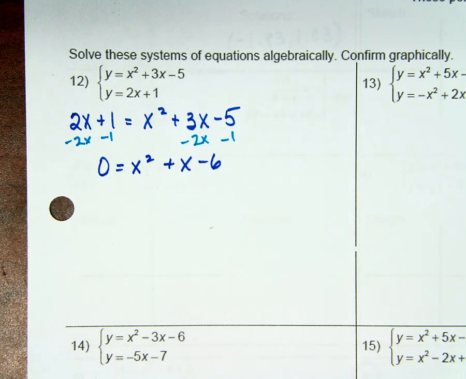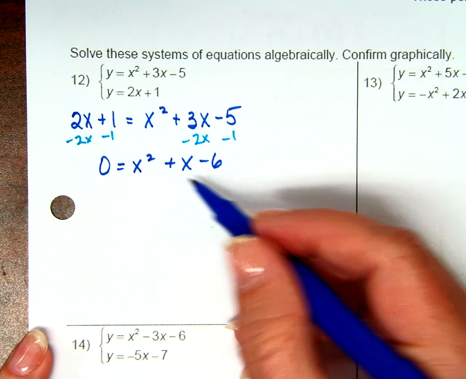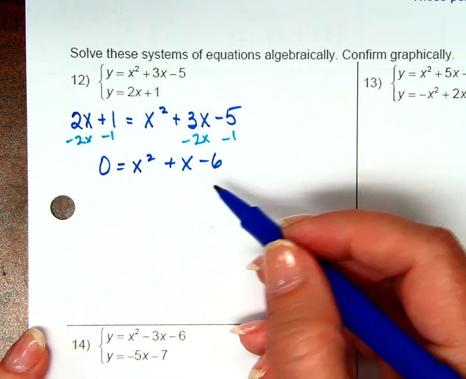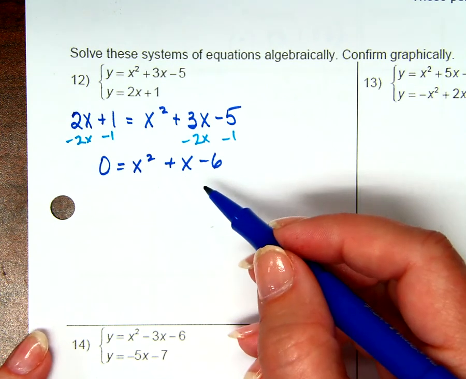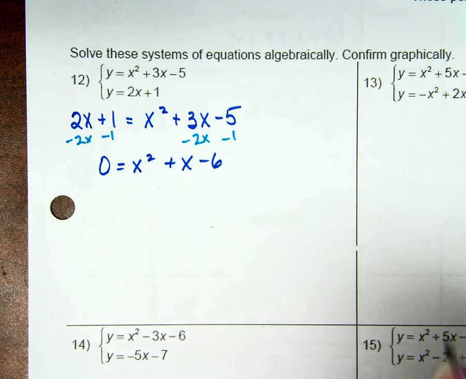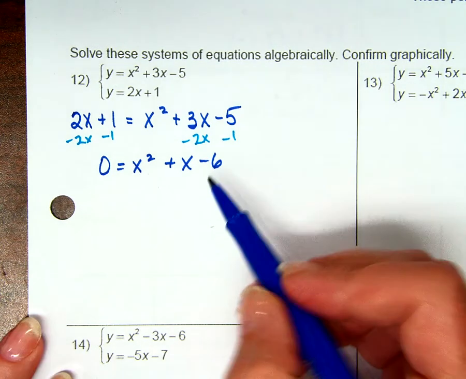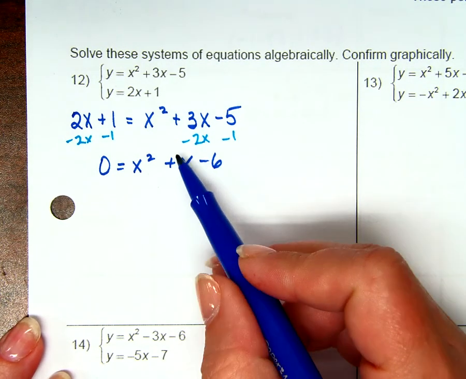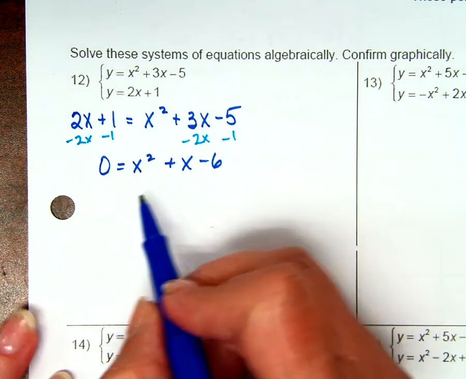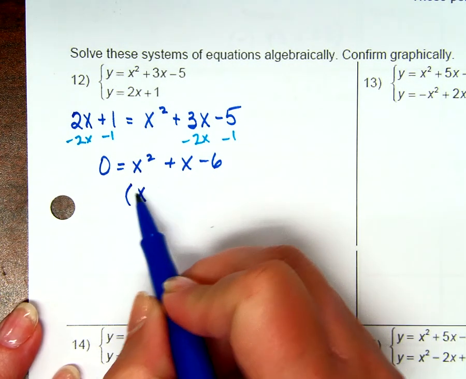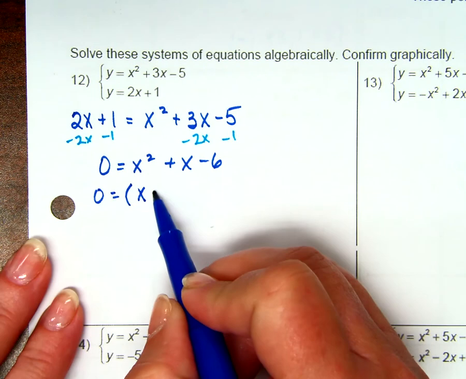We can factor, right? For sure we could use the quadratic formula, because it's a quadratic. But this one, we see right away that we can factor. So let's factor it. What two numbers multiply to be negative 6 and add to be positive 1? How about the other way?